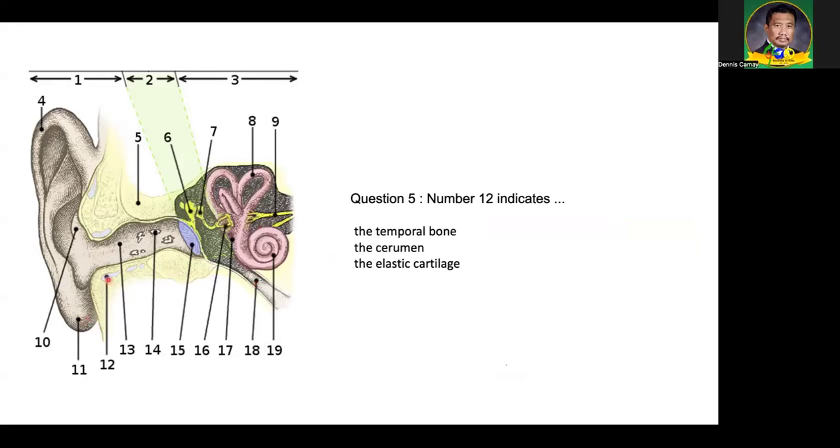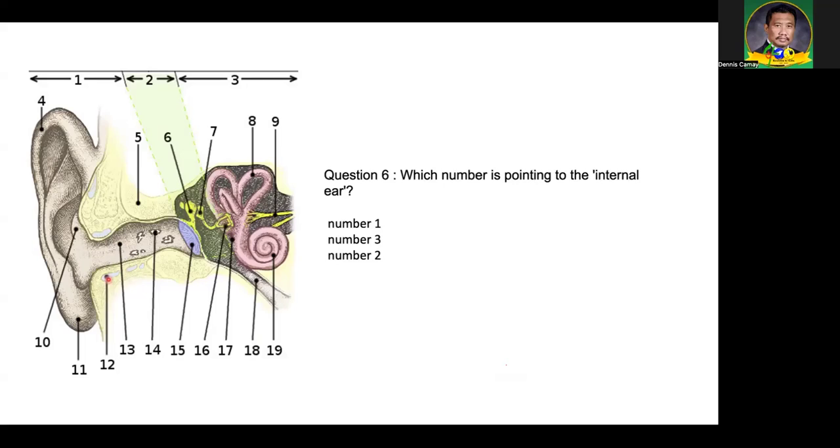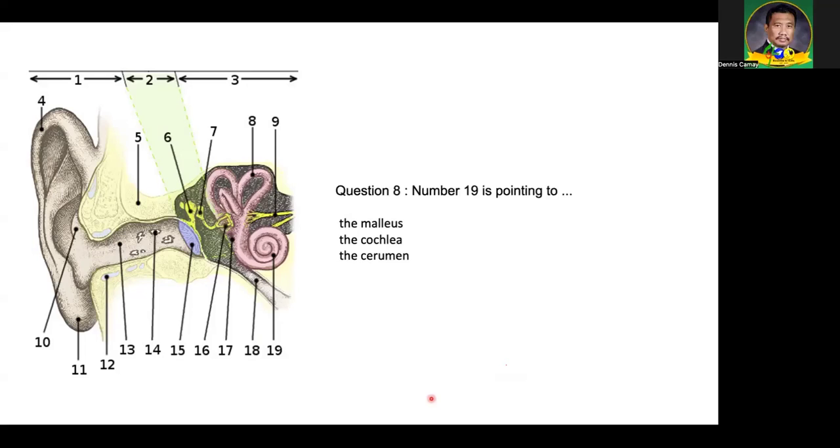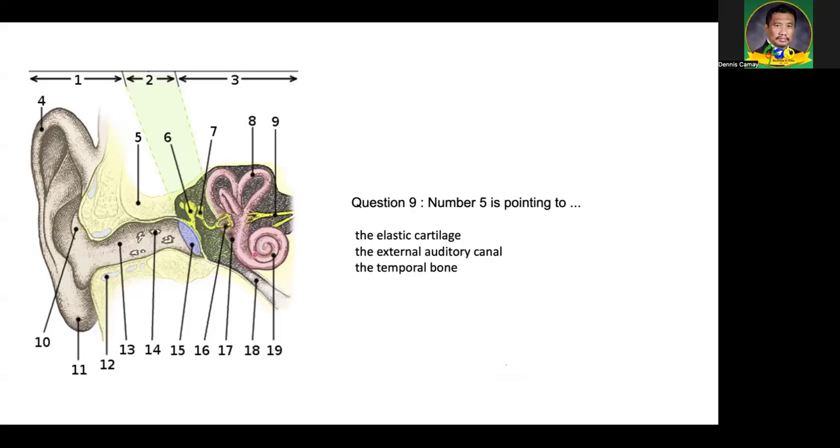Number 12. The elastic cartilage. Okay, internal ear, what number? Number 3. Tympanic membrane. Number 15. Number 19 is cochlea. Number 5.